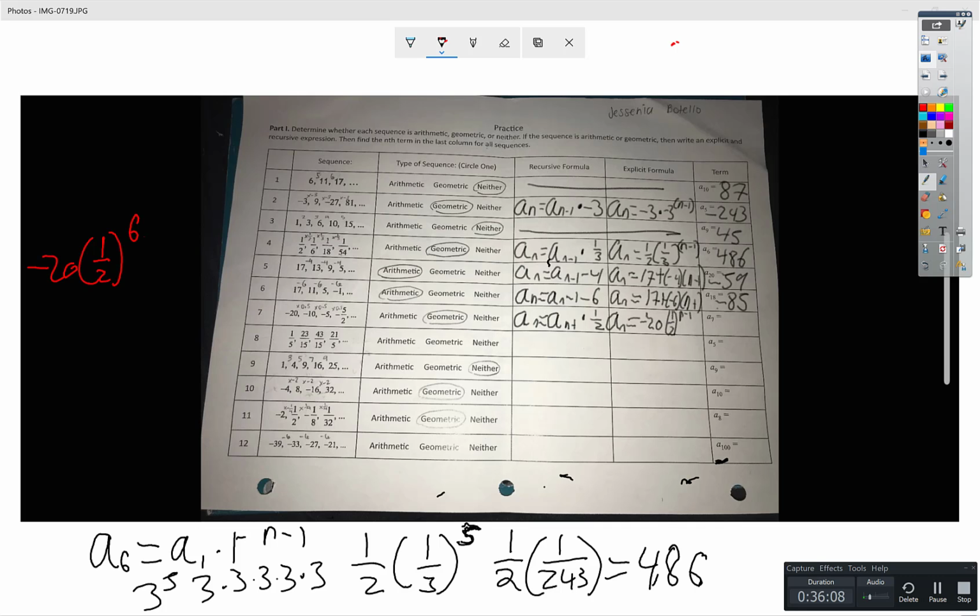So that's going to be 1/2 to the 6. Since we just need to find 2 to the 6, 2 times 2 is 4, times 2 is 8, times 2 is 16, times 2 is 32, times 2 is 64.